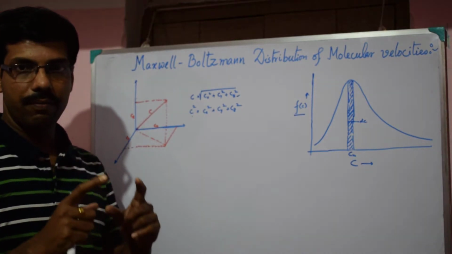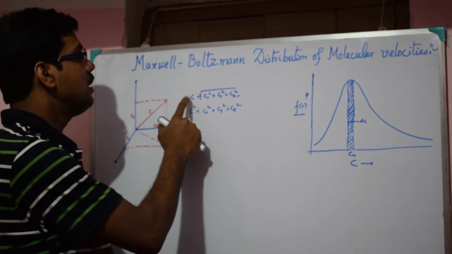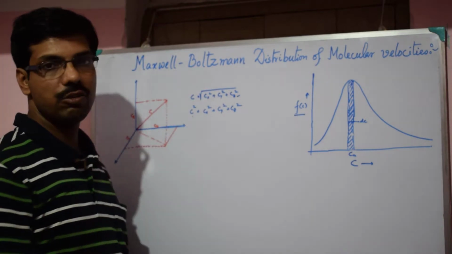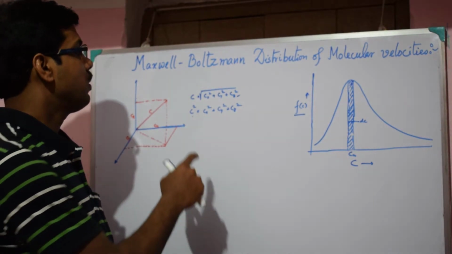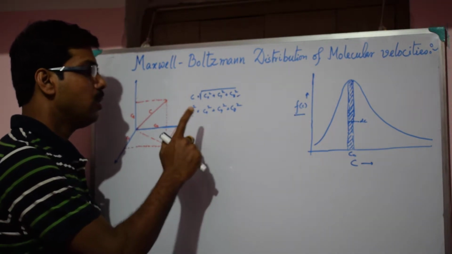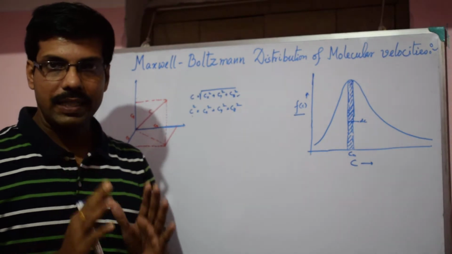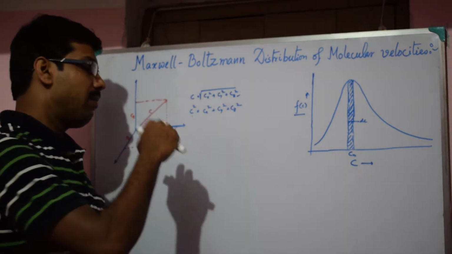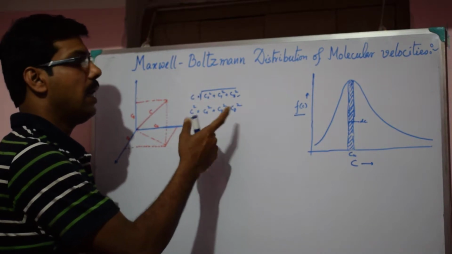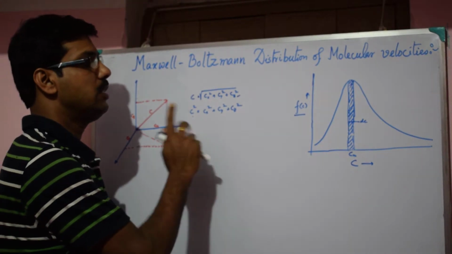So the velocity c will be the root over of Cx square plus Cy square plus Cz square, and we can write c square equals Cx square plus Cy square plus Cz square. So for a particular velocity, the component along x is Cx, along y is Cy, and along z is Cz.